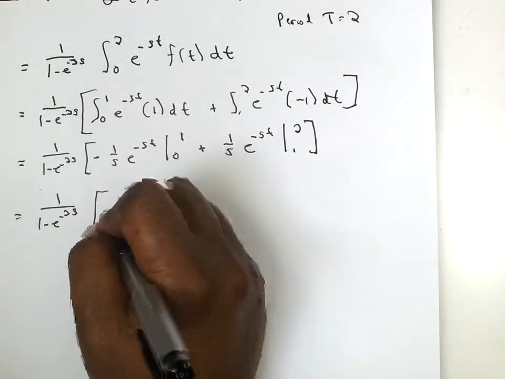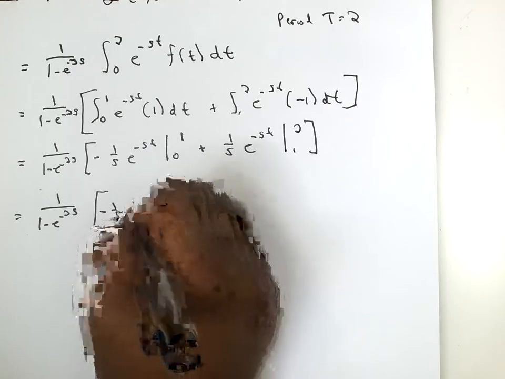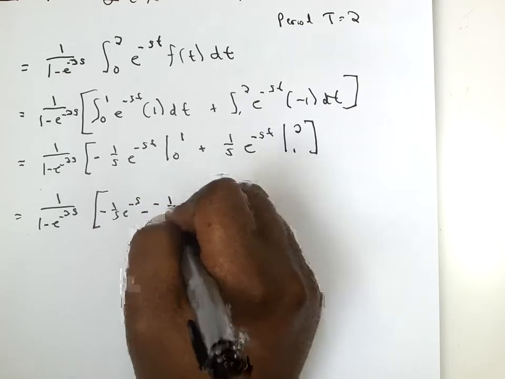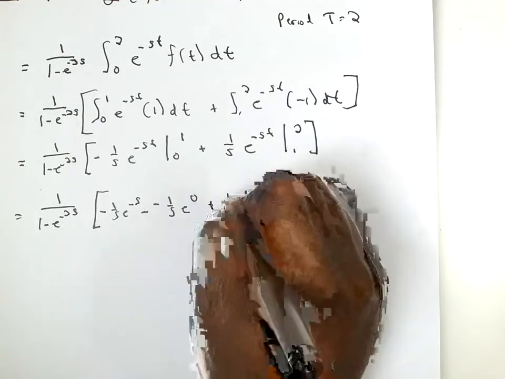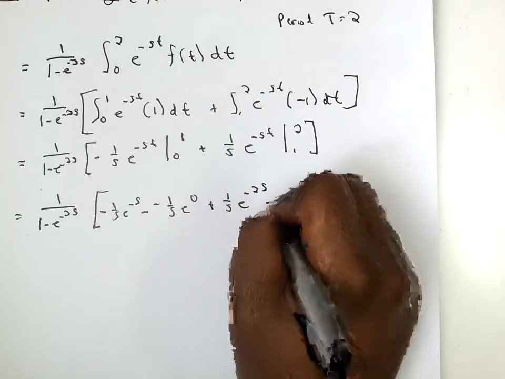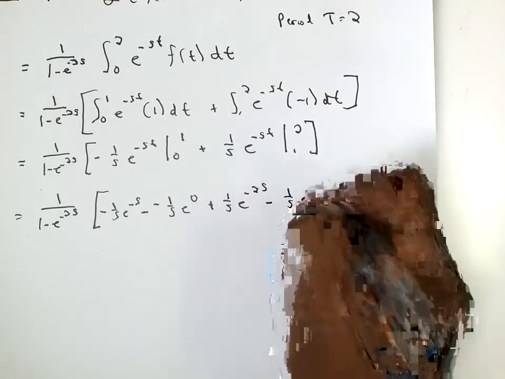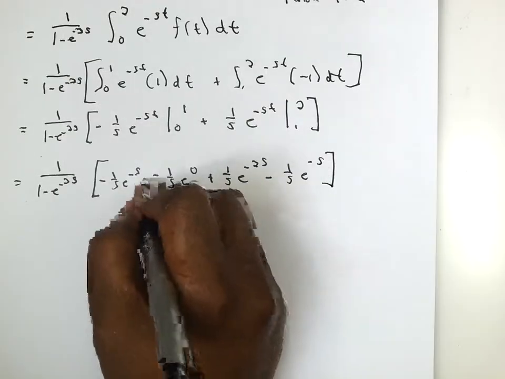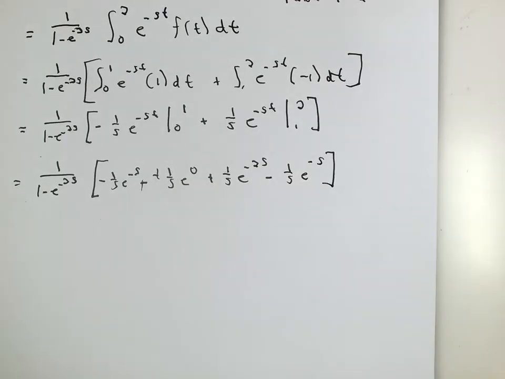So when I evaluate it, when I plug in 1, I get negative 1 over s e to the negative s minus negative 1 over s e to the 0. And then for the second part, I get 1 over s e to the negative 2s minus 1 over s e to the negative s. So these back-to-back negatives are going to become a positive here.